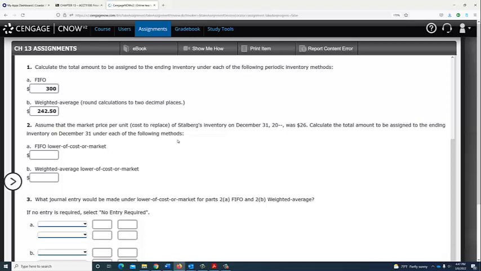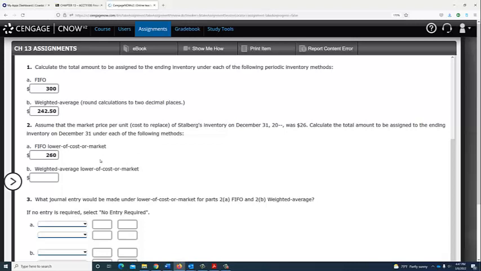In the problem, it's telling us that the market value, which is the cost to replace the item, is $26 per unit. $26 per unit times the 10 units in ending inventory gives me $260. So now I'm going to choose the lower of the two, $260 or $300. I'm going to choose the $260 because the inventory has actually lost value while I've been holding it.